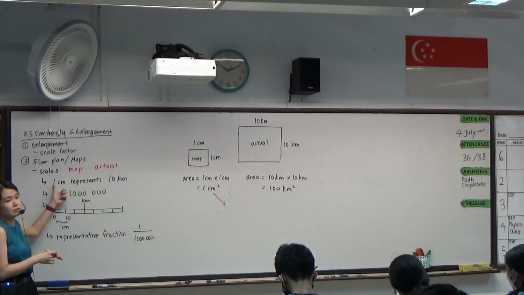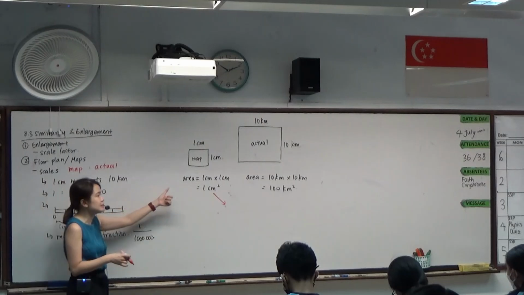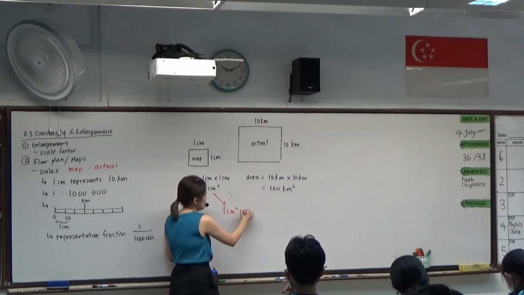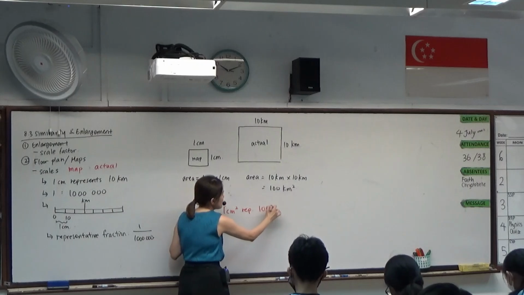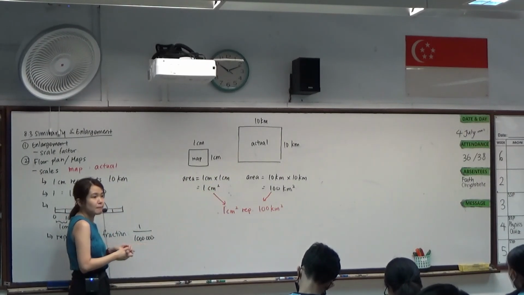This is our length scale: 1 cm represents 10 km. But when it comes to area, 1 cm squared represents 100 kilometers squared in its actual size.